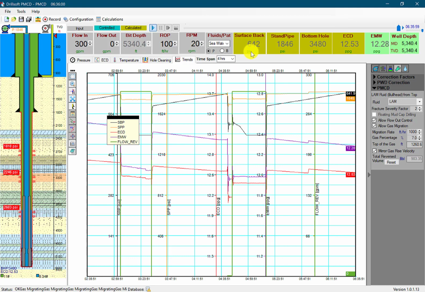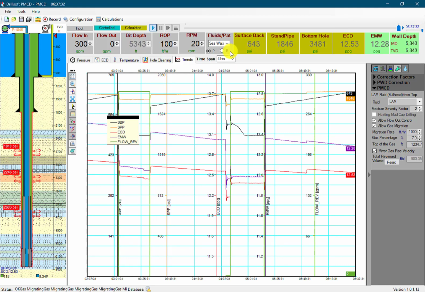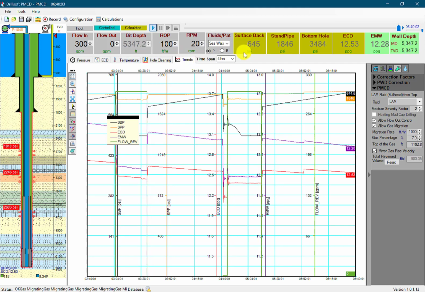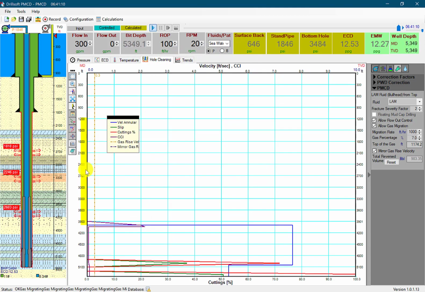So we're at about 650 psi. You can see where the gas is here. We can stop drilling and begin preparing for another cycle of bullheading.